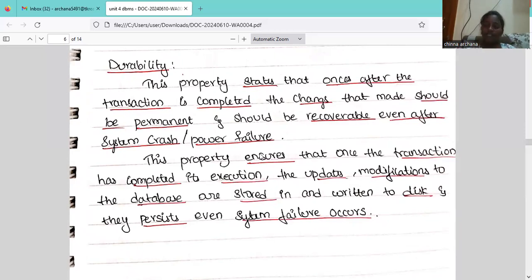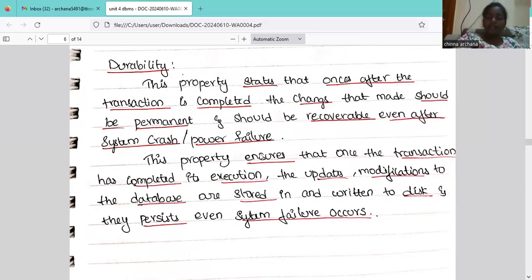Whatever changes are there due to the transaction are not reflected into the database until the commit operation has been encountered by the database. And another thing is, by any chance, due to any system failure or power failure, whatever it may be, the data should be such that the complete data is recoverable.